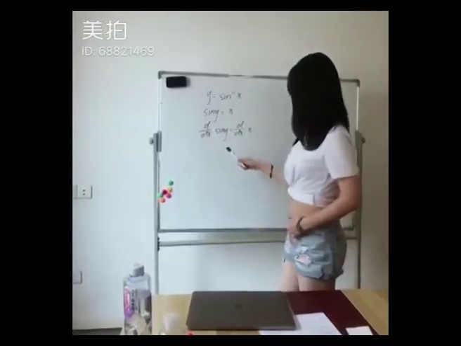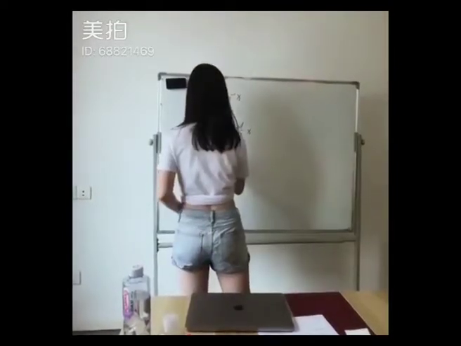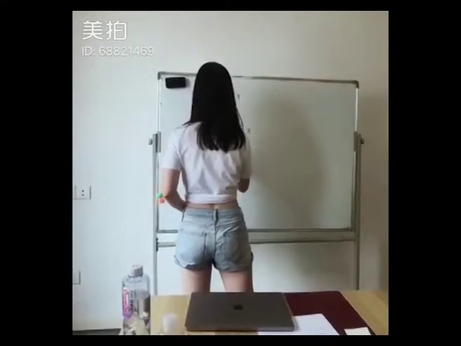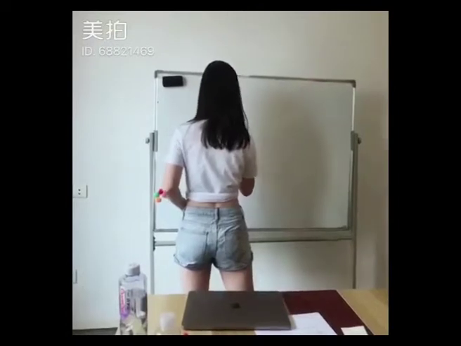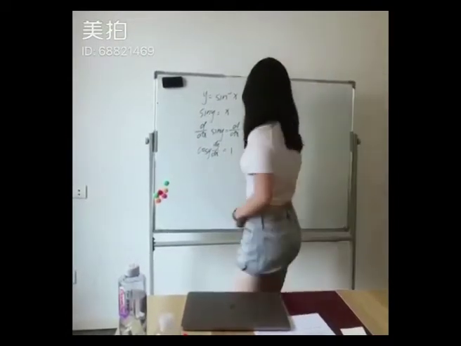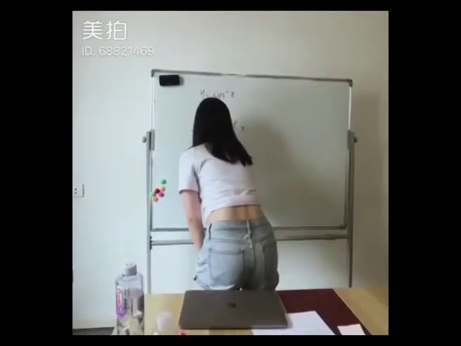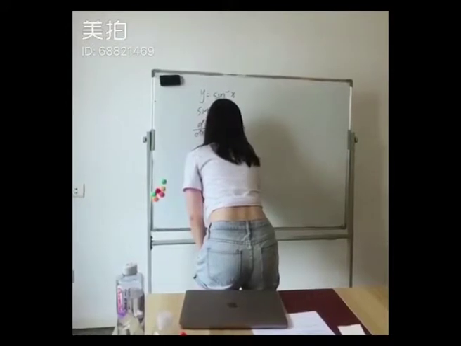The derivative of sine y is cosine y times dy/dx equals 1. The final result we can get is dy/dx equals 1 over cosine y.